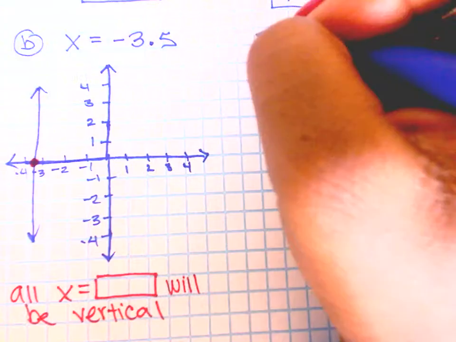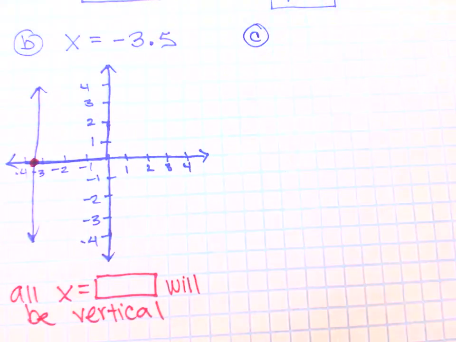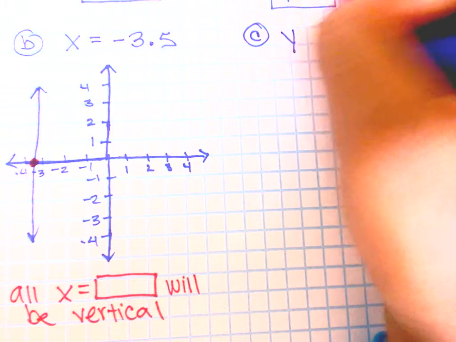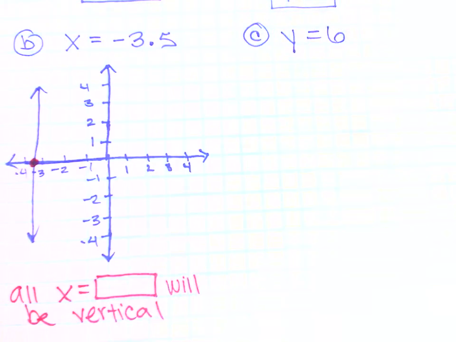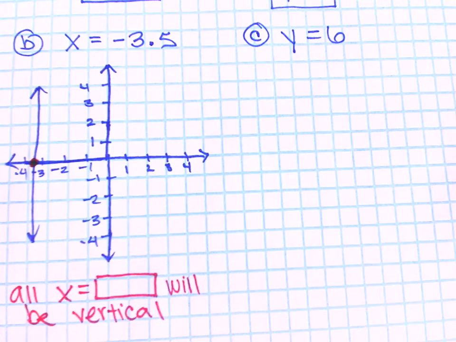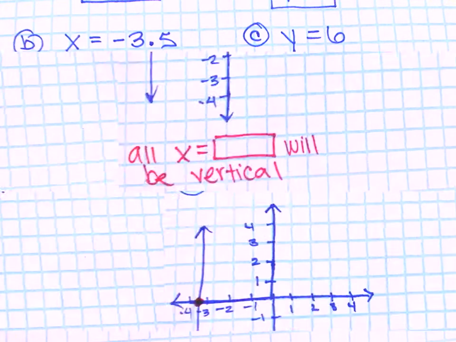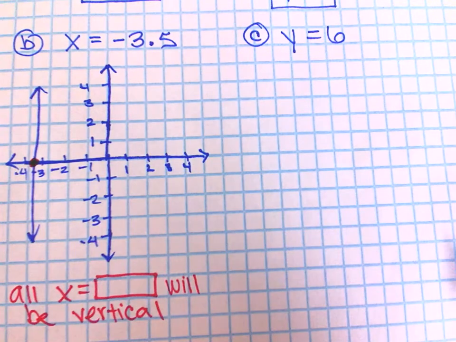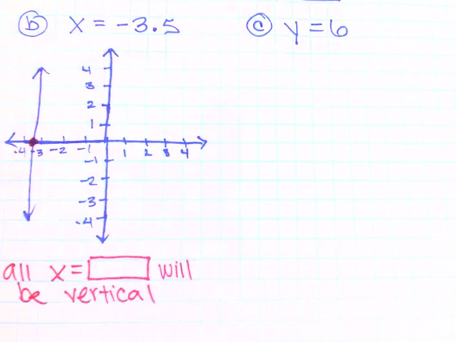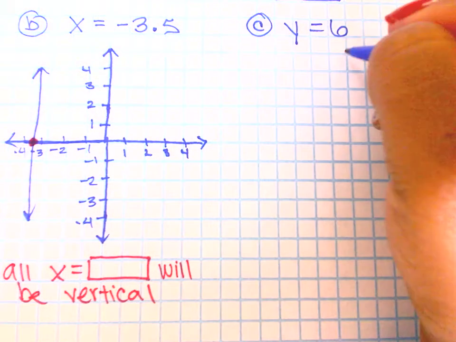So then my next example is going to look pretty similar, except guess what? This one says y equals 6. And I'm sure you smarticle people can already probably figure out what the line is going to look like. But let's see. Again, there's no x-intercept for me to find, so I can move straight to graphing.